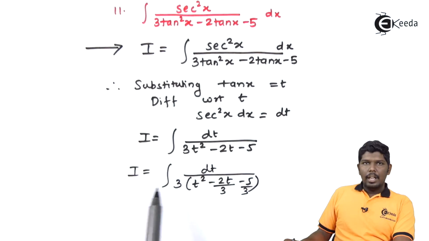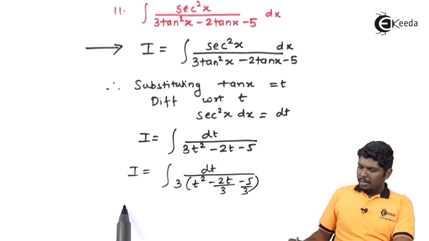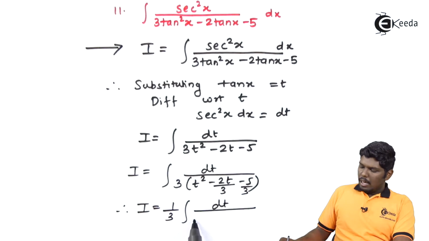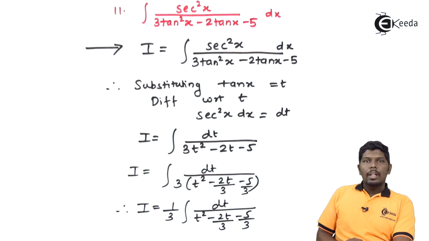Let us take this 3 outside the integral. Therefore, I is equal to 1 by 3 integral dt upon t square minus 2t by 3 minus 5 by 3. Now we are ready to find the third term.